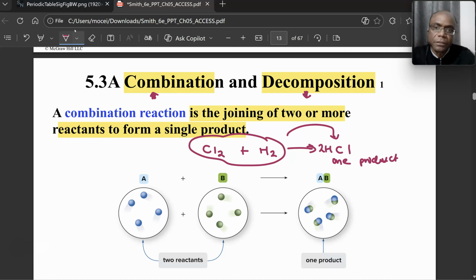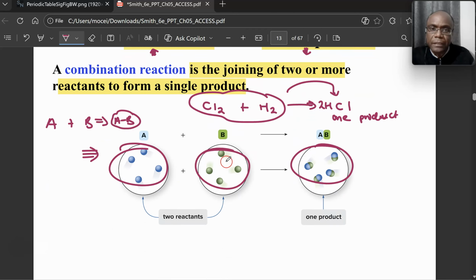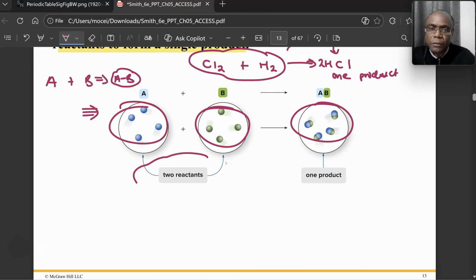Generally, if you have A reacting with B, you're getting AB combined product, and that's what's shown here in blue. The blues are combining with the greens to give you combination of blue green, blue green, blue green products. So two reactants, characteristic of combination, will end up giving you one product.